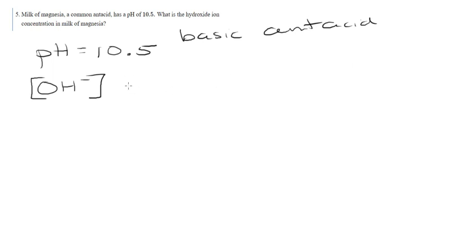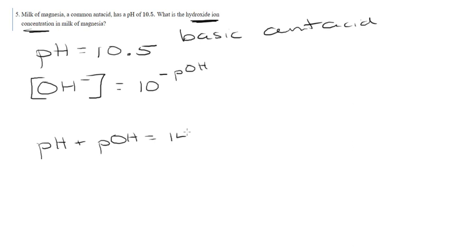So the hydroxide ion concentration, that's what we're looking for, is equal to, I know it's equal to 10 raised to the power of the negative pOH. But I don't have pOH, I have pH. But what we do know is that pH plus pOH equals 14.